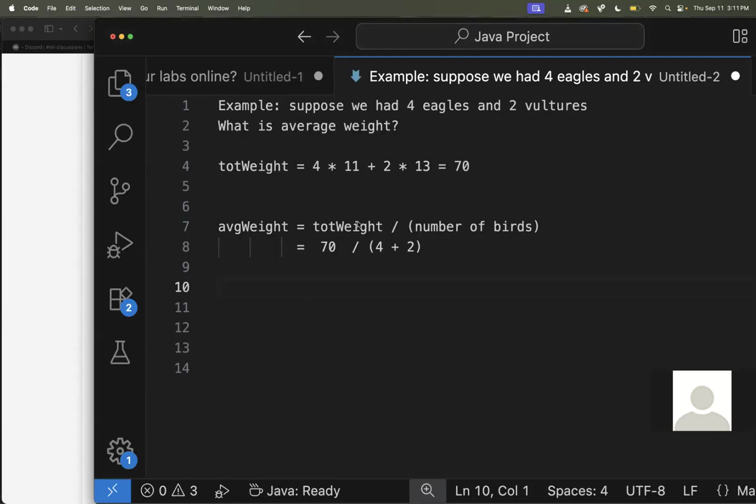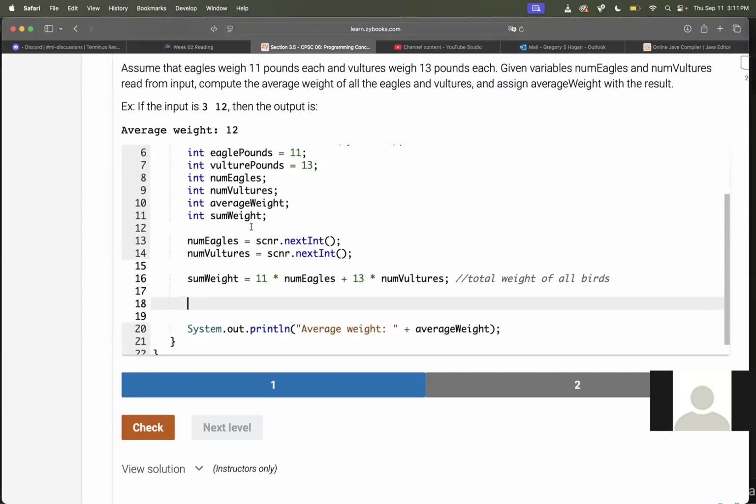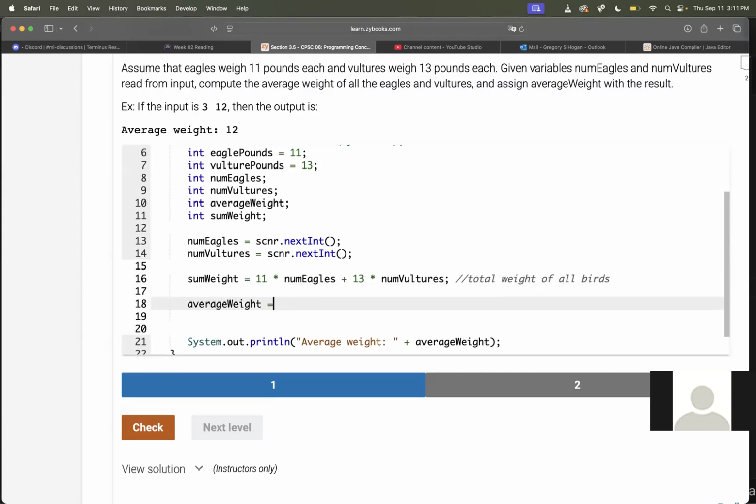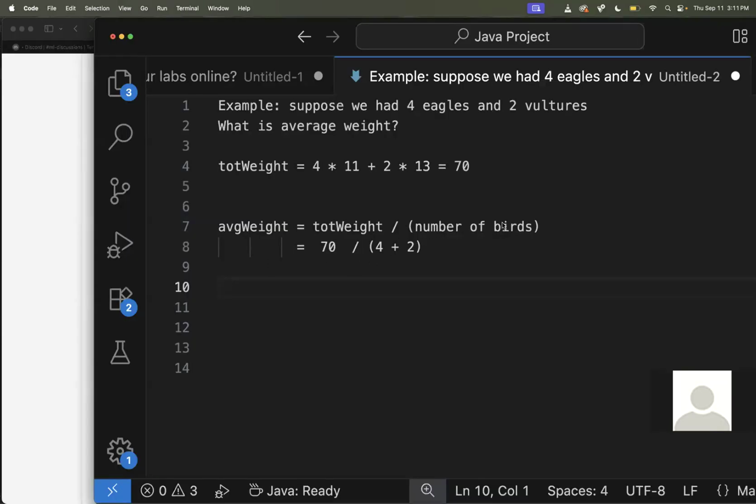Now, once we have the total weight of all the birds, we need to divide by how many birds there are. So the average weight, which is here, your average weight is going to be the total weight, which we called sum weight, and we need to divide it by the number of birds.